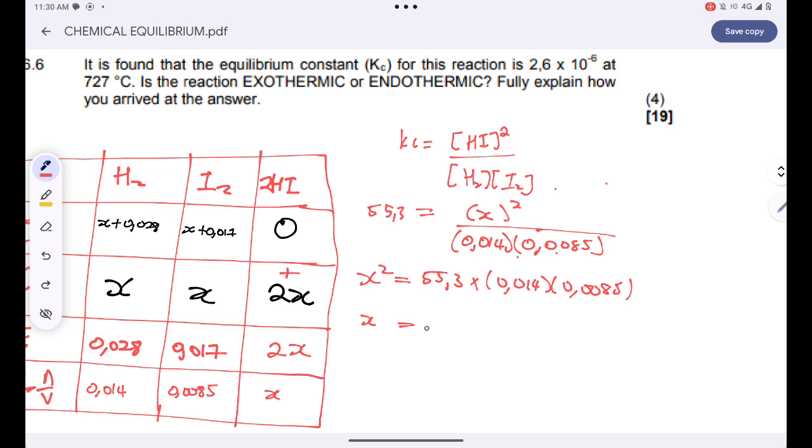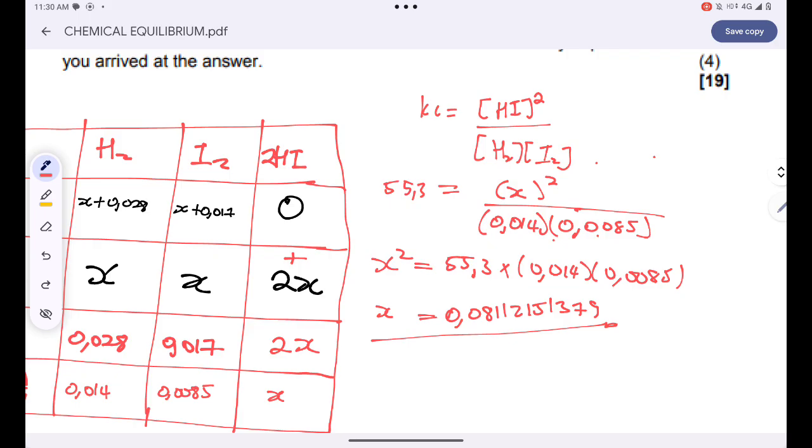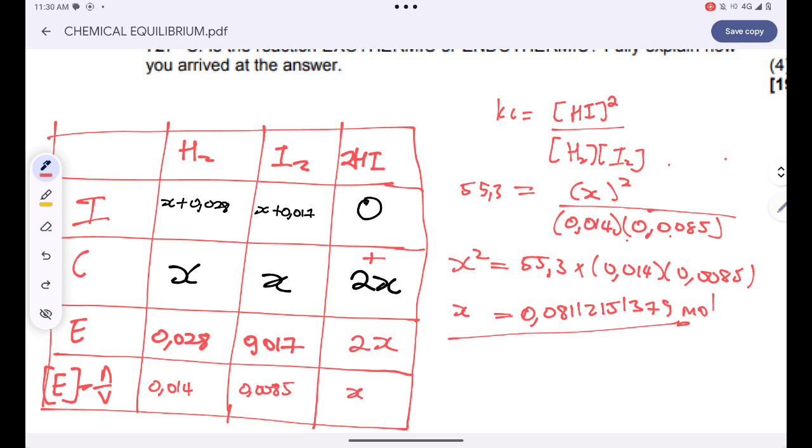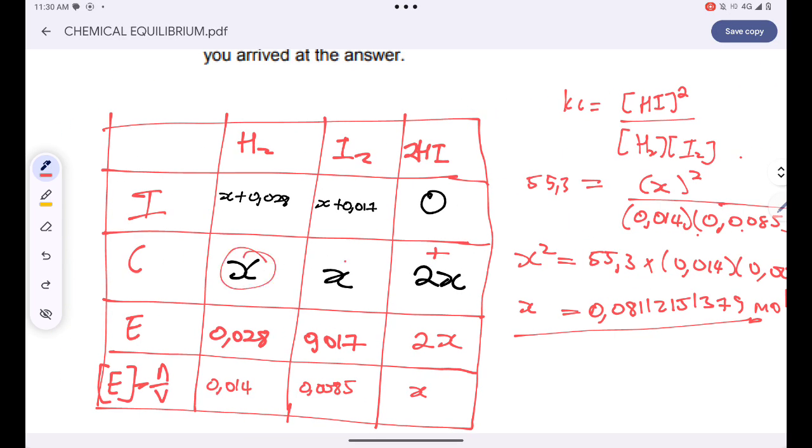So this will give me 0.0811215137.9. So x, guys, is 0.0811215137.9. This is the number of moles that were used, remember, for both hydrogen and iodine.